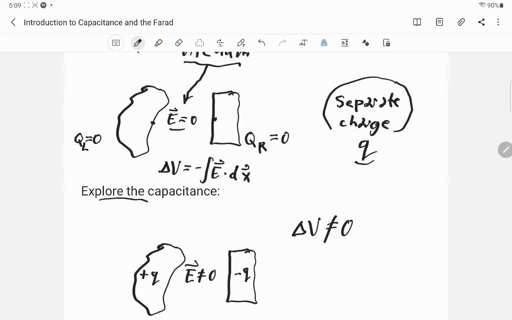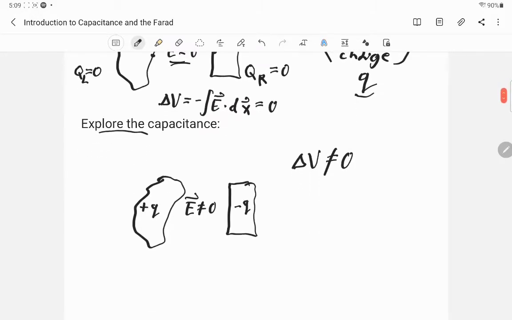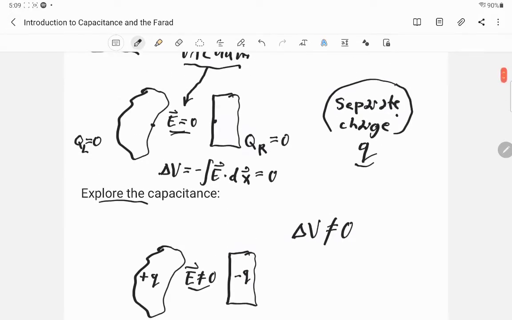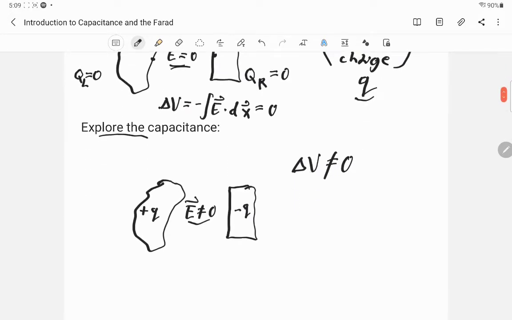I'm going to imagine doing this integral from here up to there. But because the electric field is zero, this is just going to integrate to zero. But because the electric field is no longer zero if I manage to separate charge, then the potential difference is no longer zero.